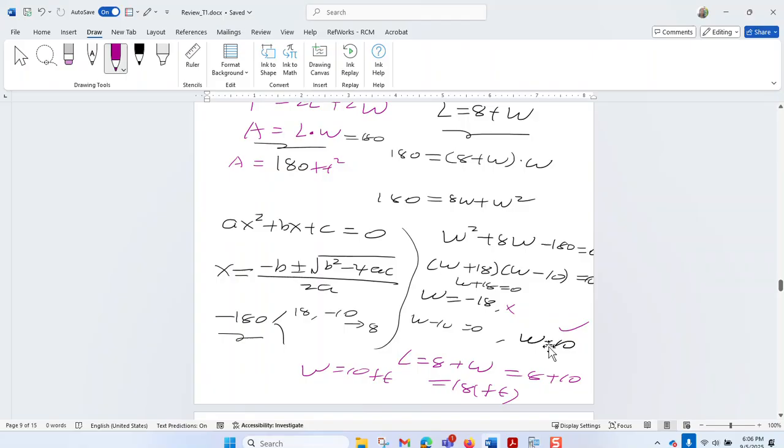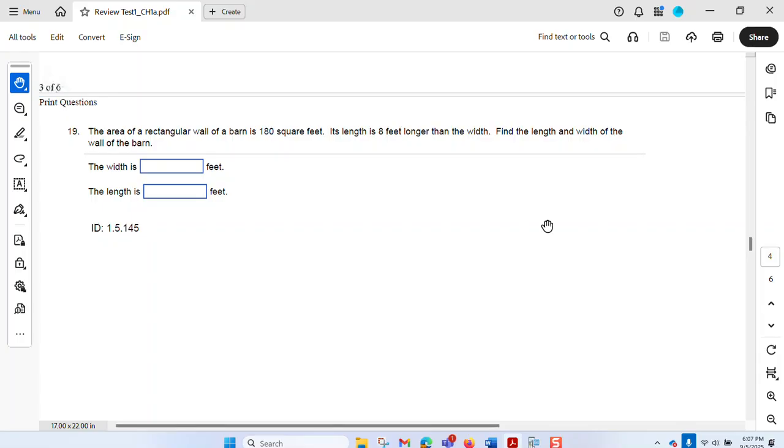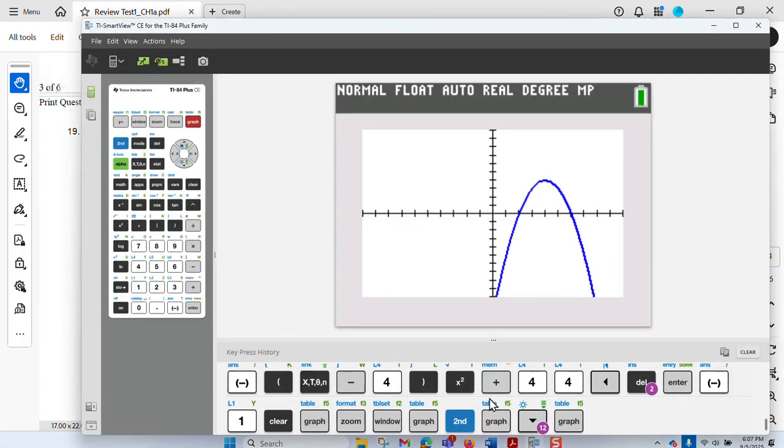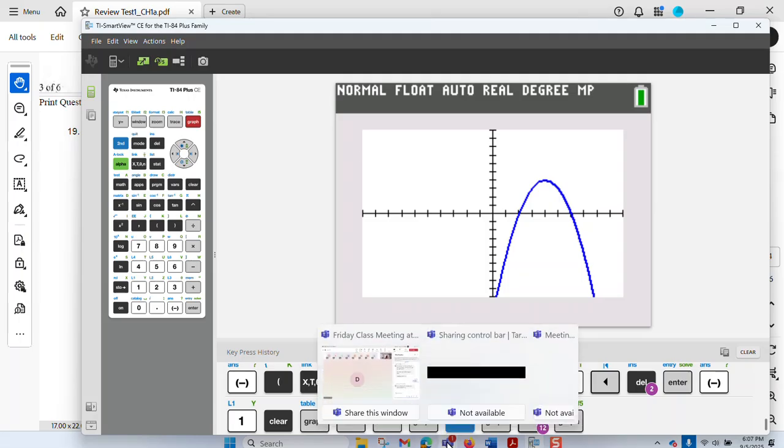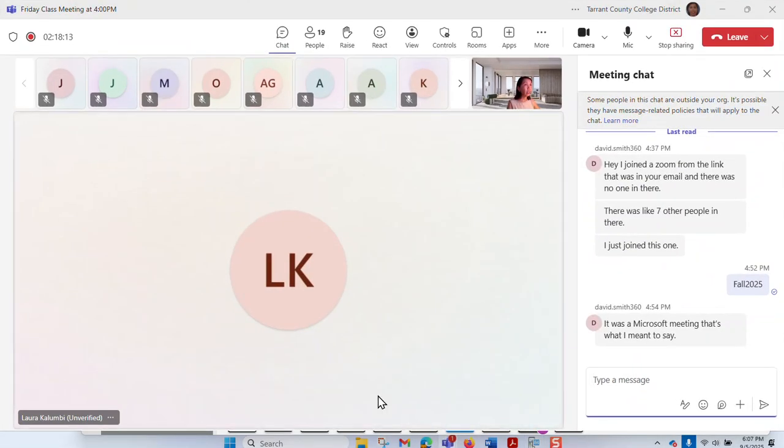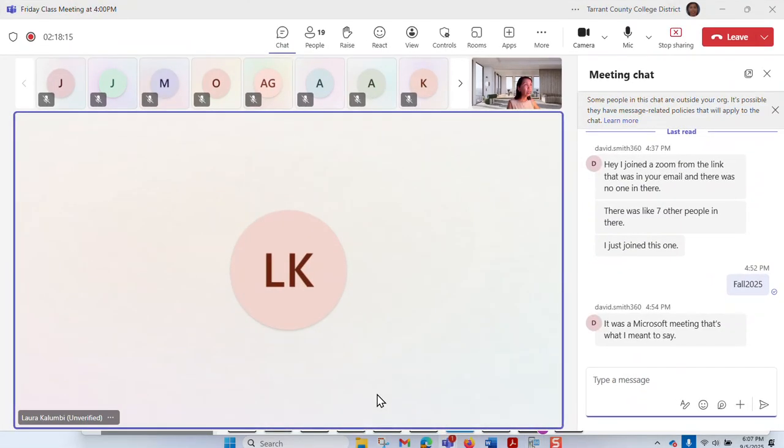Any questions? Can you send us that worksheet? Do you mind sending me the worksheet, the one that you just worked on? Yes, with all your calculations on it.